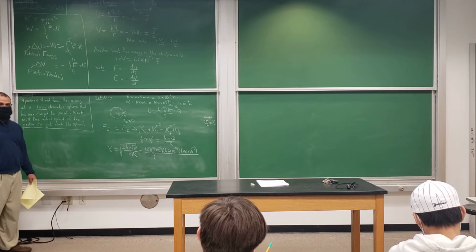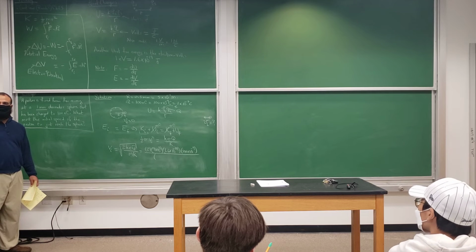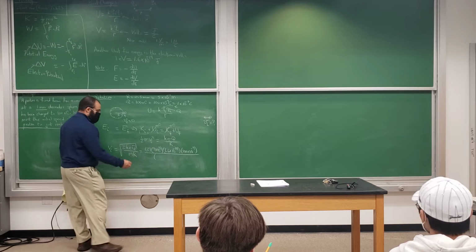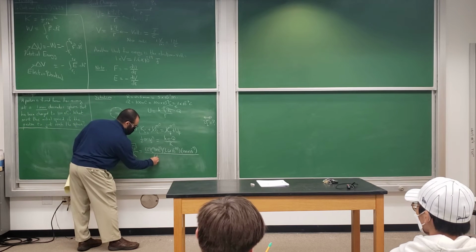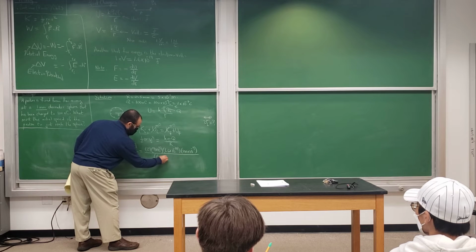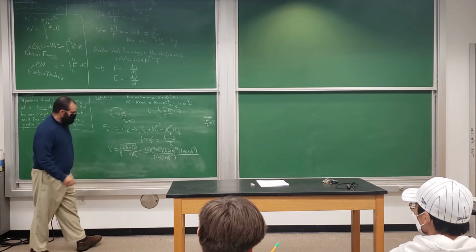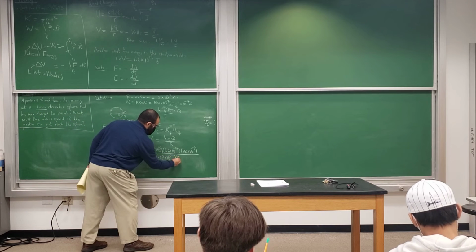The proton, right? So what's the mass of that proton? If it were an electron, it would be something times 10 to the minus 31. It's 1.67 times 10 to the minus 27. That's for a proton. And then R is this, right? 5 times 10 to the minus 4.